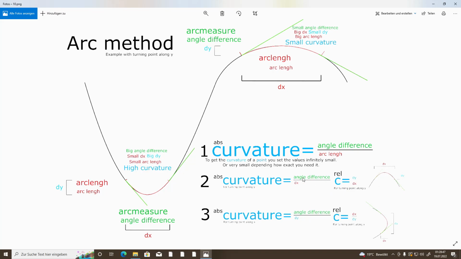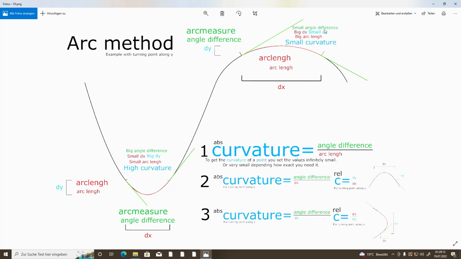So we have angle difference, and we have small dx. So big angle difference, small dx. So big divided by small is very, very big. So we have something very, very big.